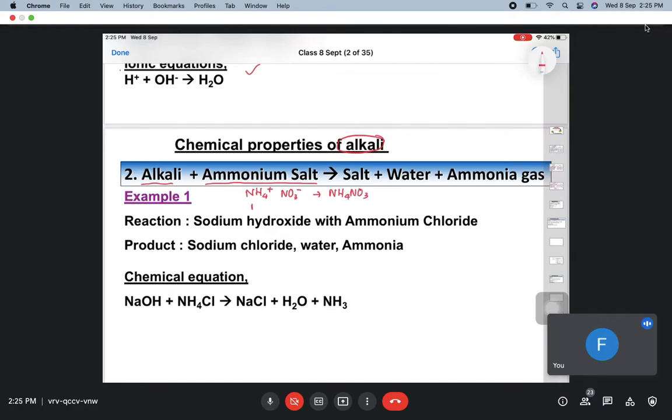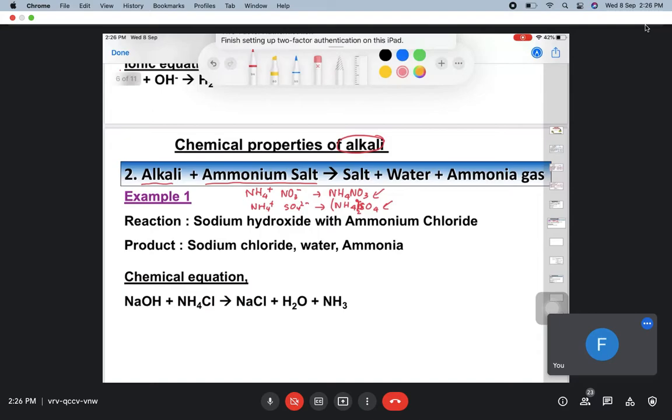If the ammonium ion pairs with the sulfate ion, the ammonium salt will be ammonium sulfate. So this is the ammonium salt.